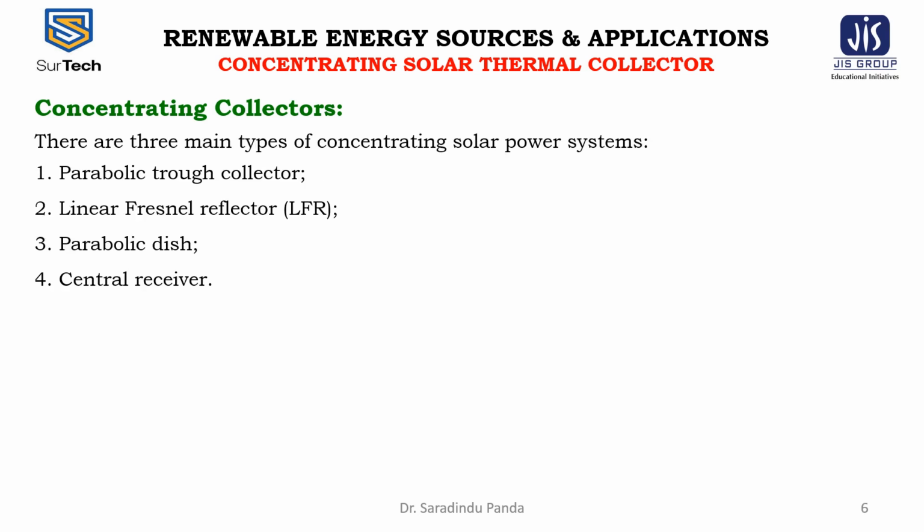There are four types of concentrating solar power systems which are available in the market. That is the parabolic trough collector, linear Fresnel reflector, parabolic dish, and the central receiver.